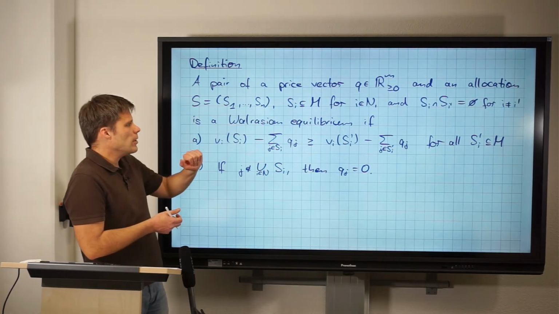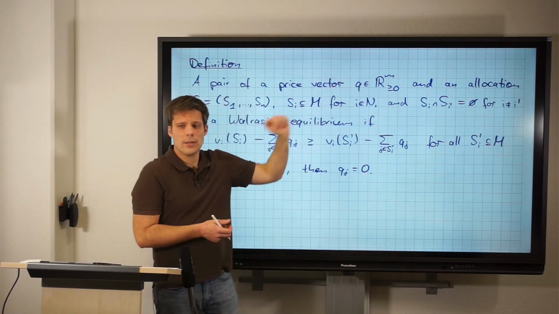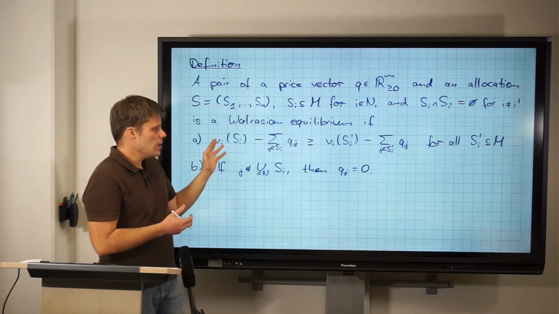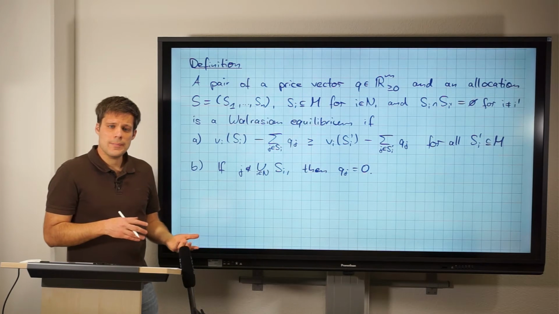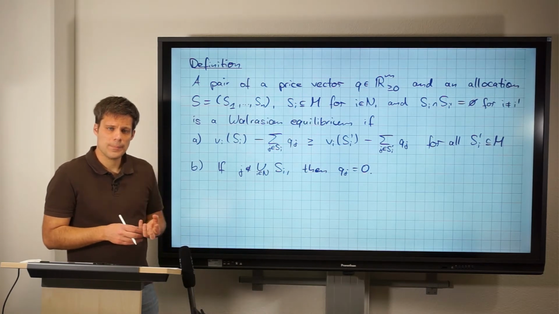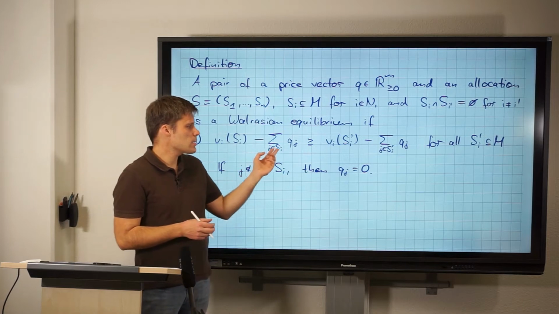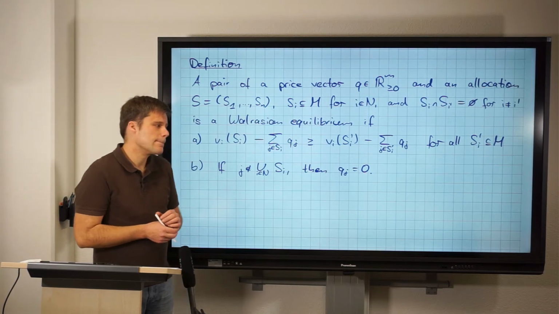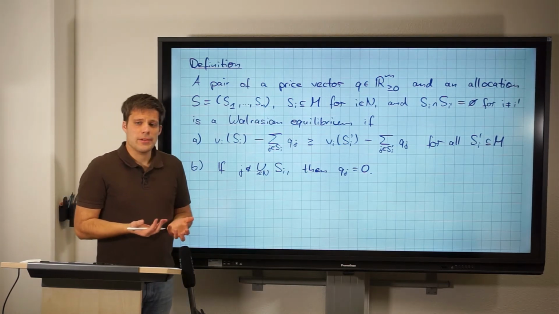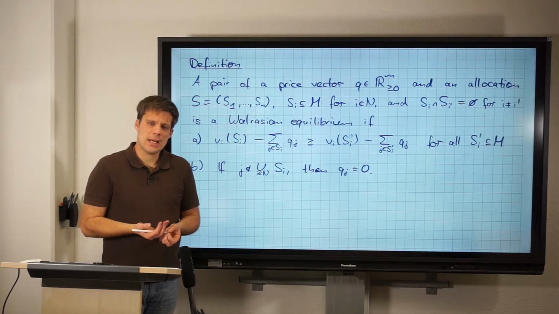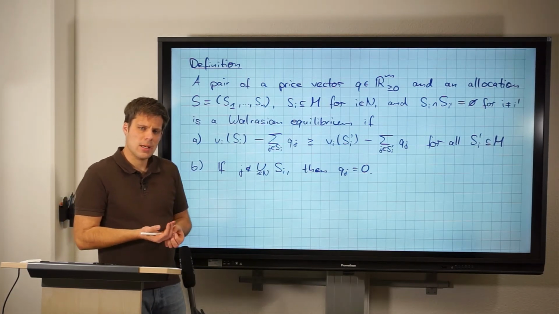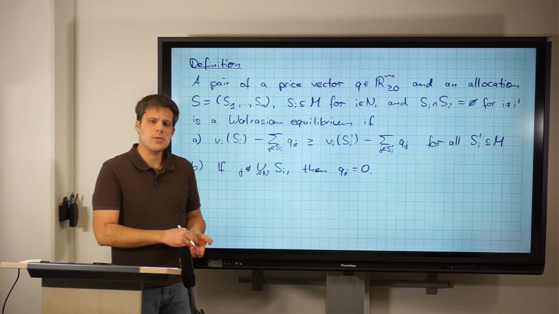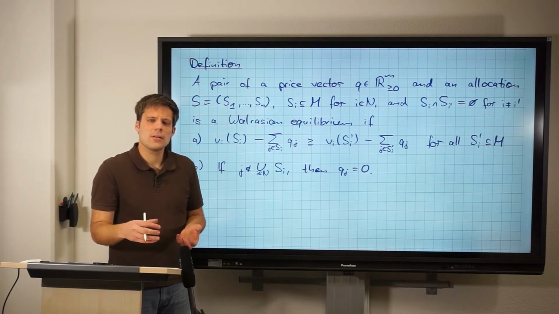So a Walrasian equilibrium now consists of this price vector and also the allocation of the items with the following properties. Let's say I'm player i. I'm now getting set Si. And then I'm paying the sum of the qj for the items in Si. Am I happy with this? Yes, I am happy with this, unless there is another set Si prime for which my value minus what I would have to pay for that is higher.